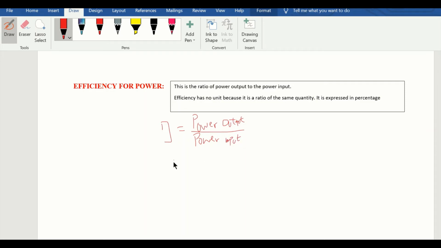So efficiency for power is equal to P subscript O over P subscript In. Here is an equation we can use to solve for efficiency as it relates to power.